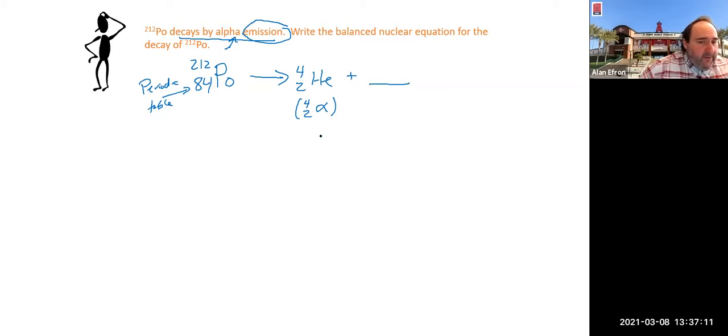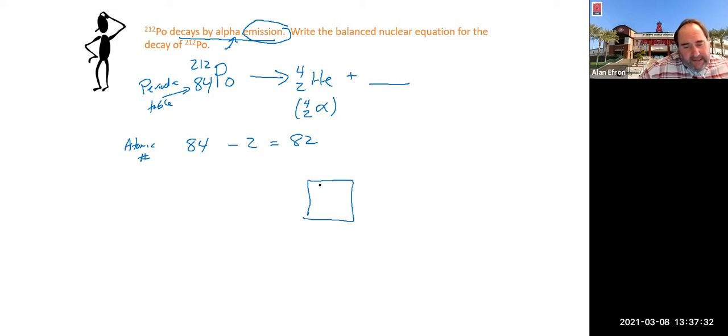So again, here we would approach it by going atomic number first. On the left-hand side, we have 84 for our atomic number. On the right-hand side, we have 2, which means our missing atomic number is 82. If we go to the periodic table and find 82, you hopefully should see our good friend lead sitting there.